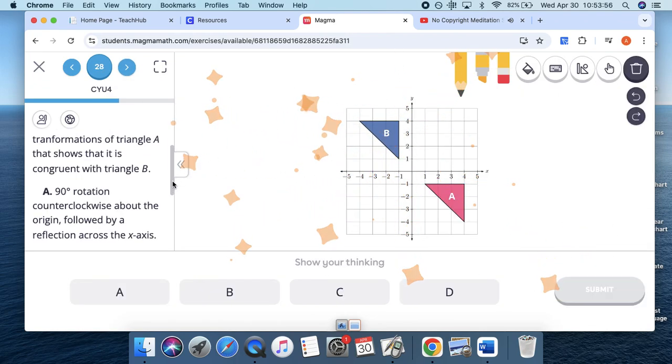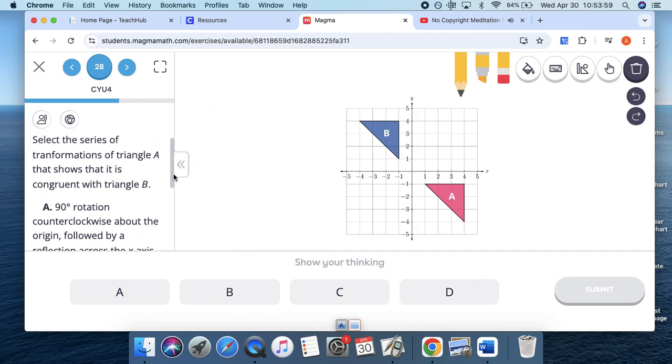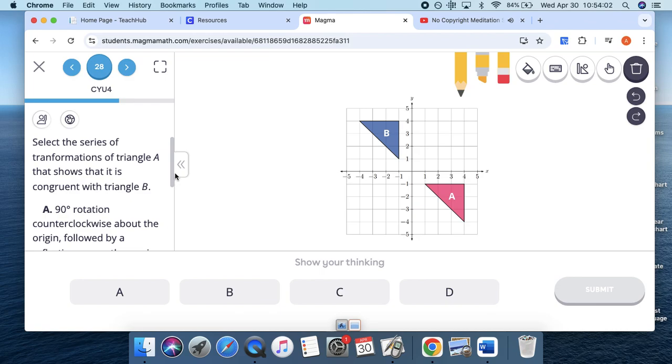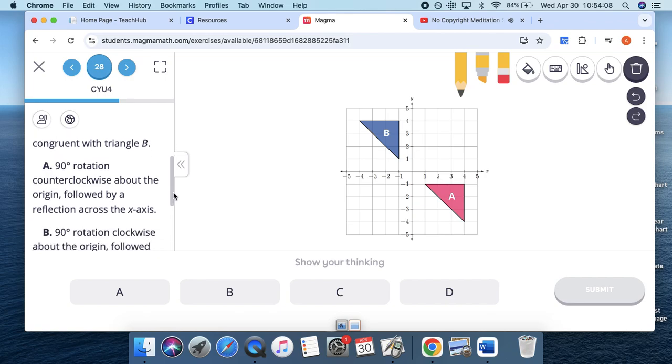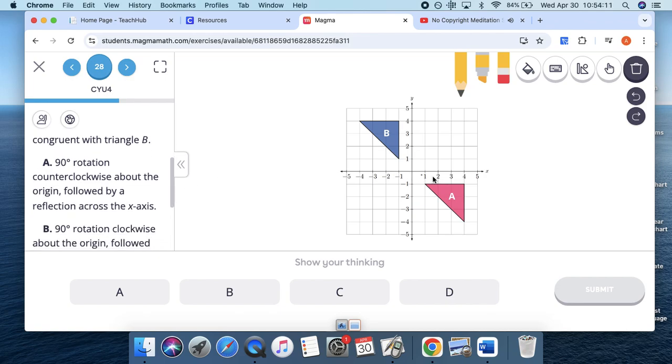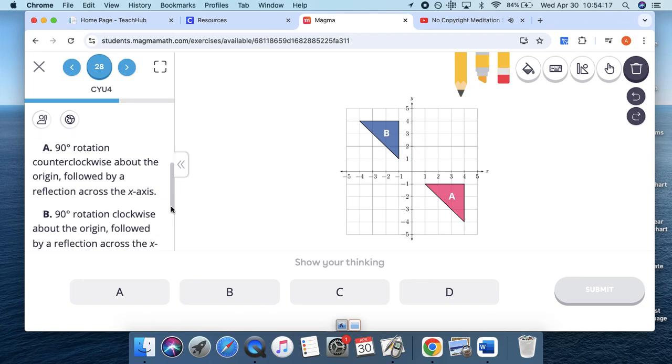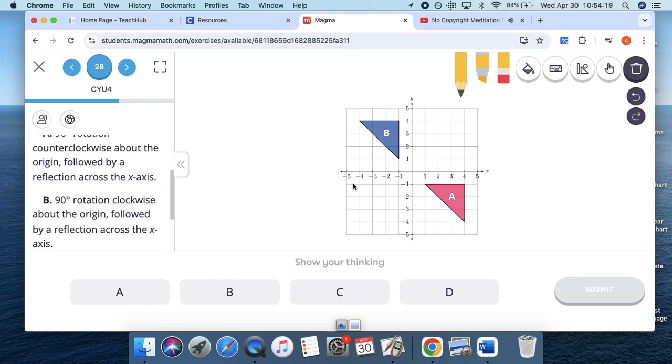Select a series of transformations of triangle A that shows that it is congruent with triangle B. Well, a rotation followed by a reflection. Could this 90-degree rotation clockwise go over here, followed by a reflection? So if I take that and rotate this, let's take a point.